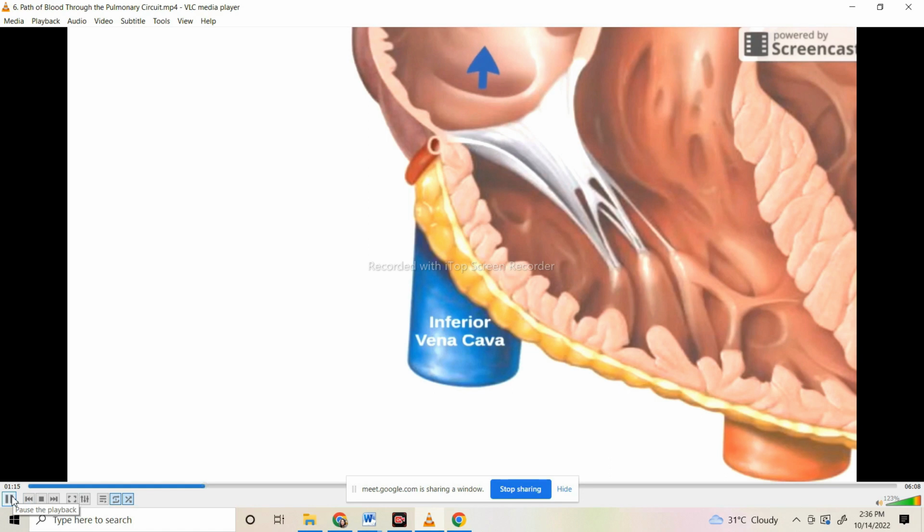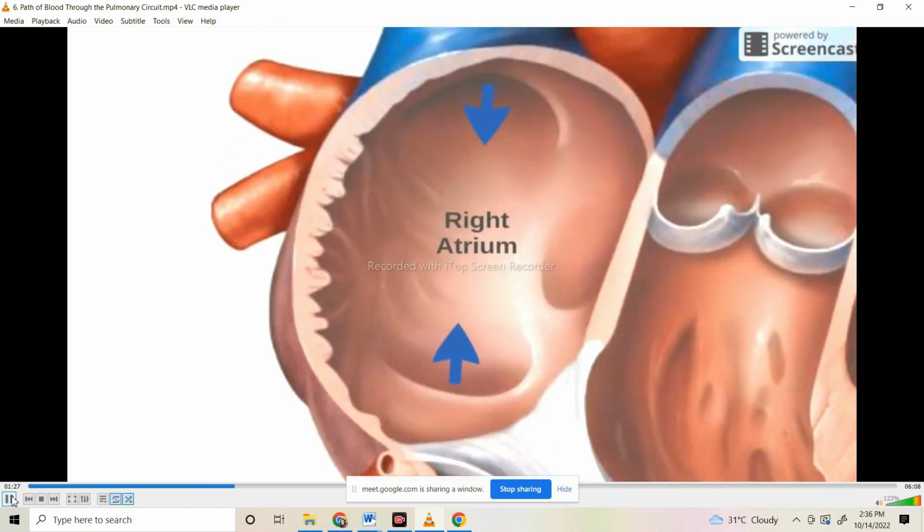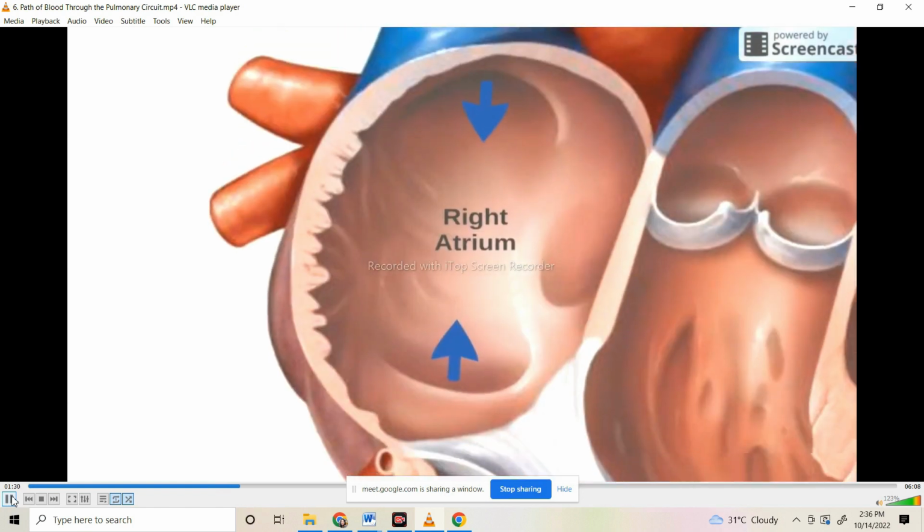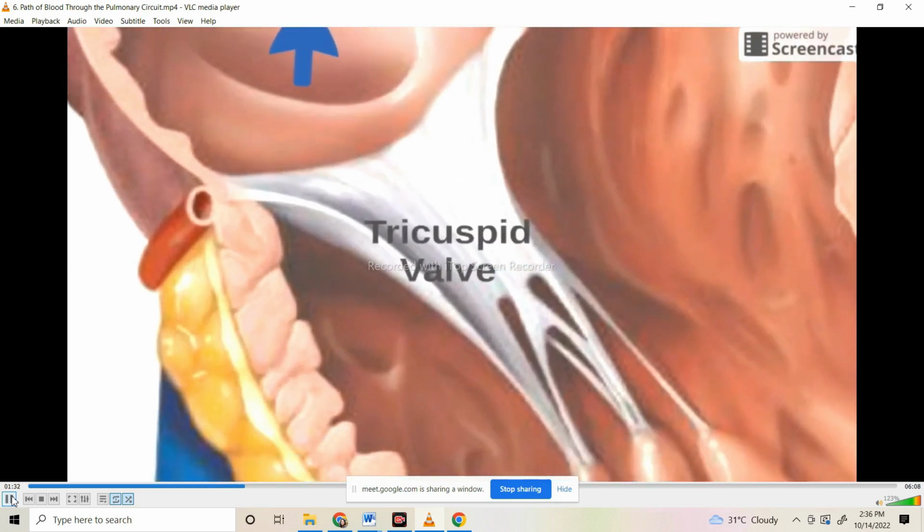Remember that inferior means below. So this vein comes into the right atrium from below. It carries deoxygenated blood from our lower regions of our bodies like our legs and our torso. Once the blood is collected into the right atrium, it will move through a valve called the tricuspid valve.